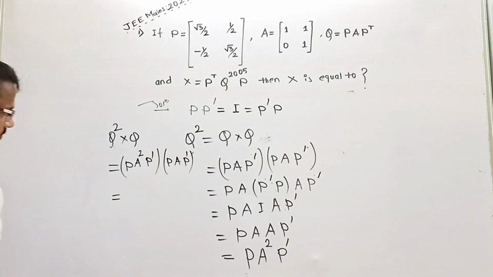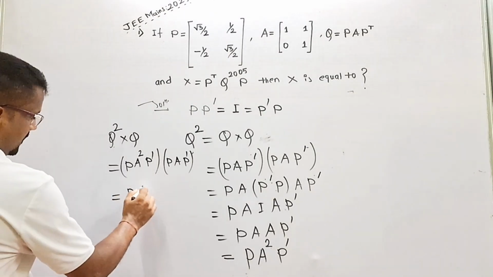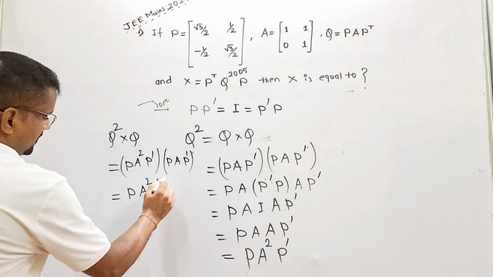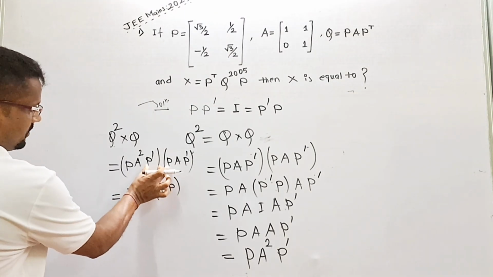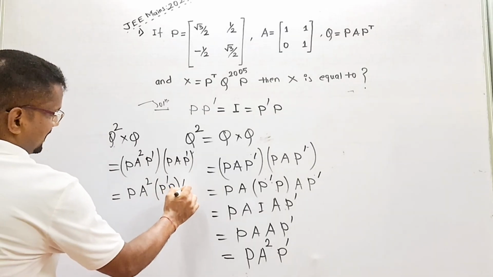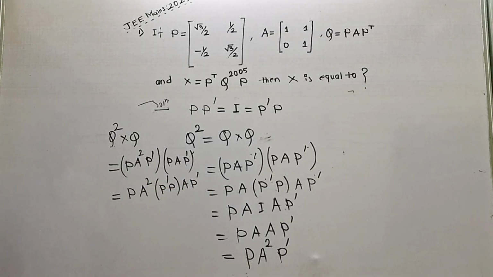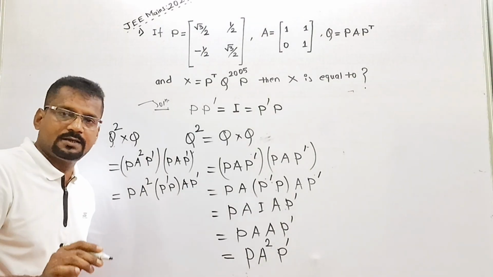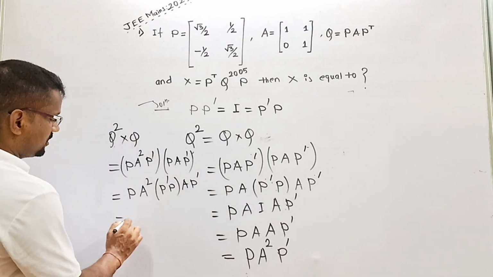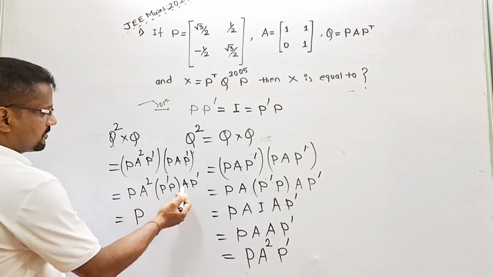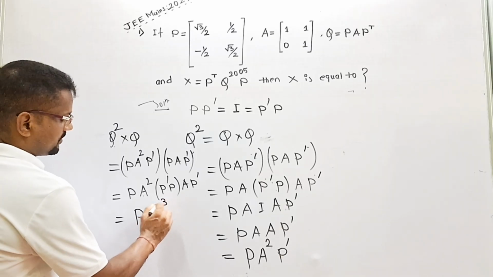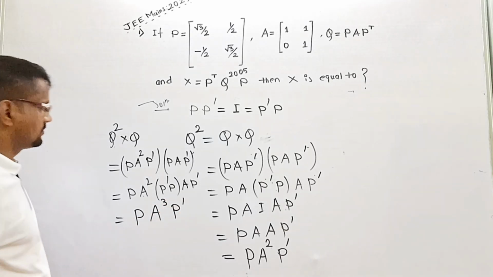Now you see P A square, then this P transpose P combined here, and A P transpose here. Now P transpose P is what? Identity matrix. That's why you will get P A square A, that is nothing but A to the power 3, P transpose.